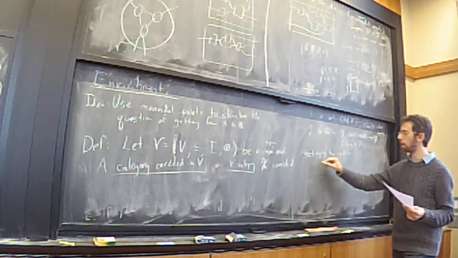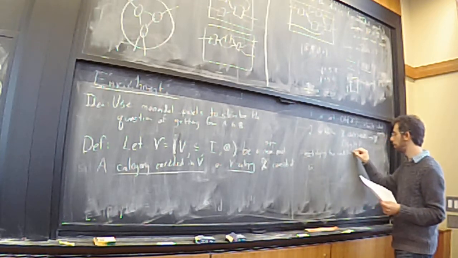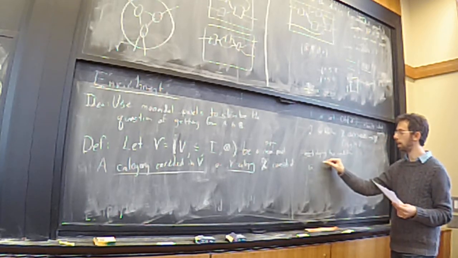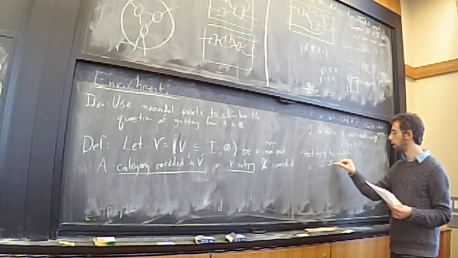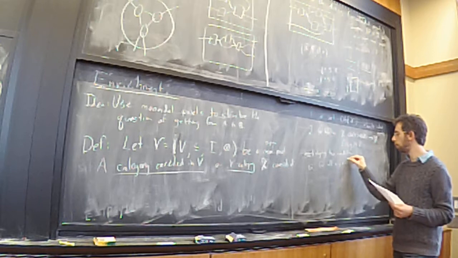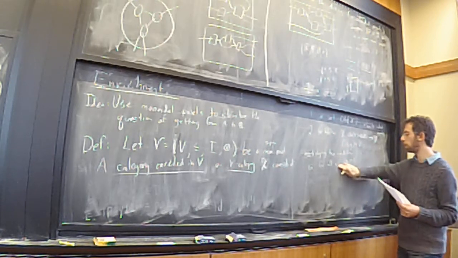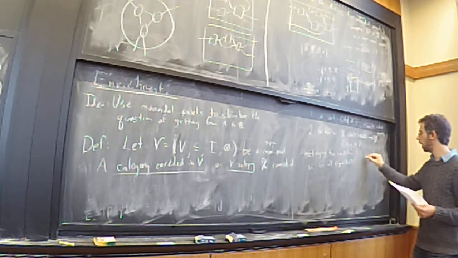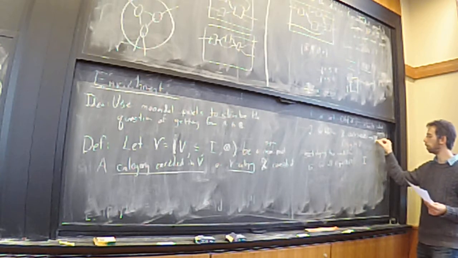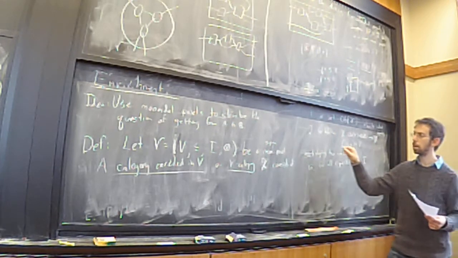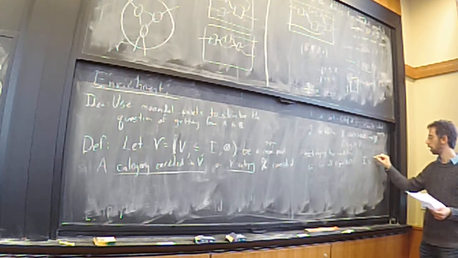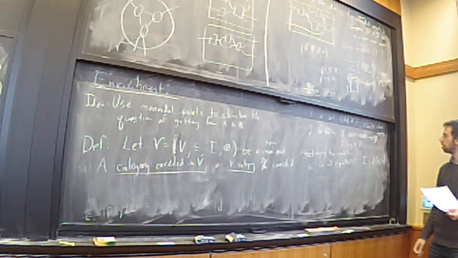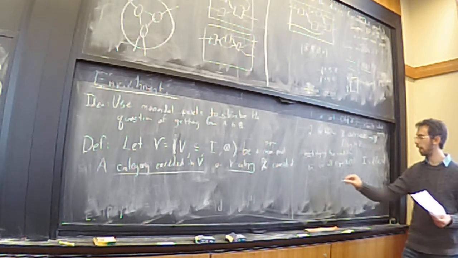So the 2 conditions are: A, that for all x, if you have 1 object, then I, which is an element of V, is less than or equal to X of x, x, the V object.